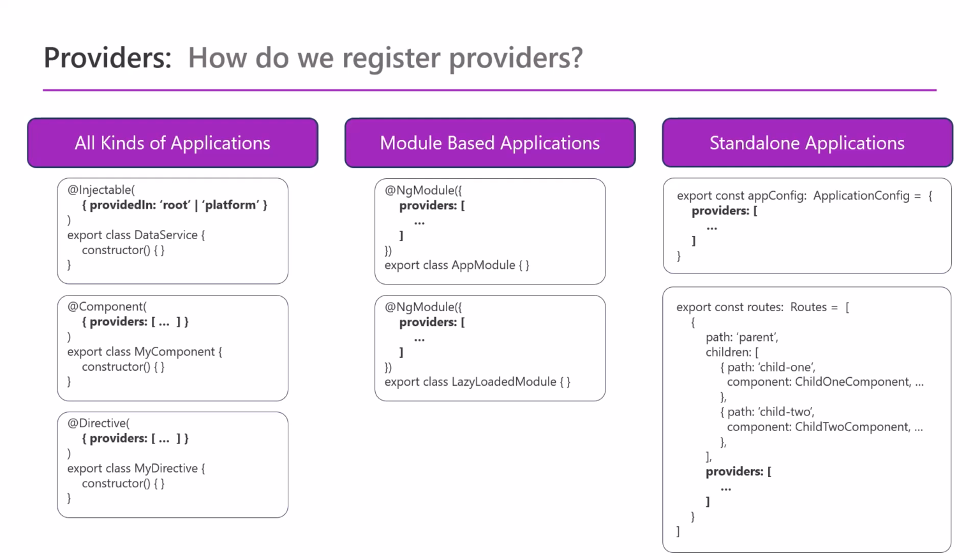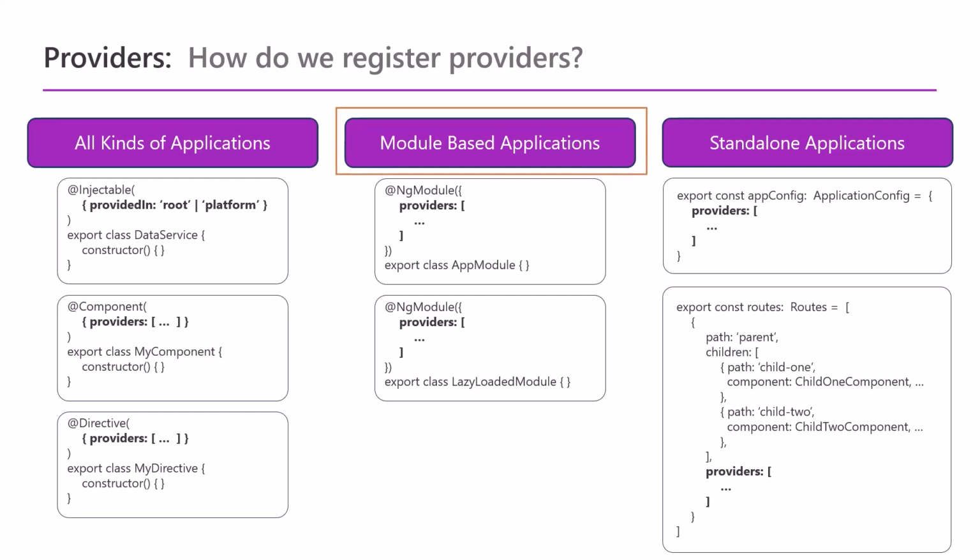The last thing that we have to understand regarding providers is how we register our providers. When we register a provider object, we're telling Angular which consumers, that is, which components, directives, and services, have access to that instance of the resource. There are two types of Angular application that we can create.